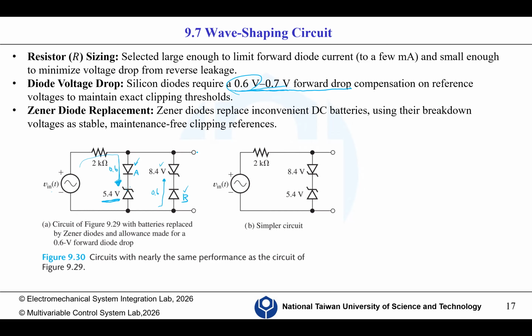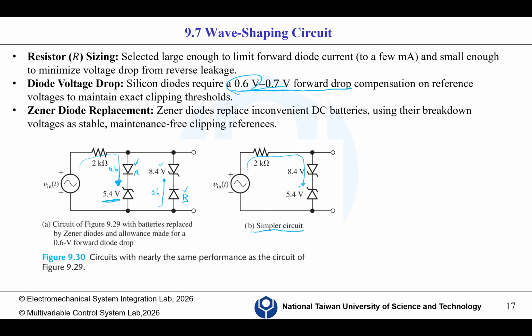Another, even simpler configuration which has the same performance can be written like this. You use two Zener diodes and put them against each other.